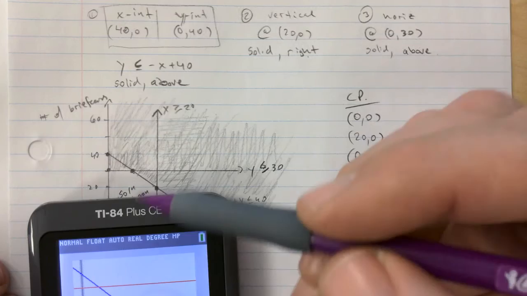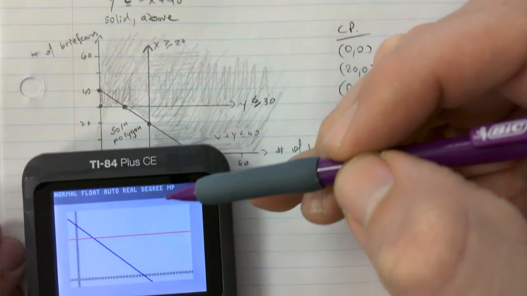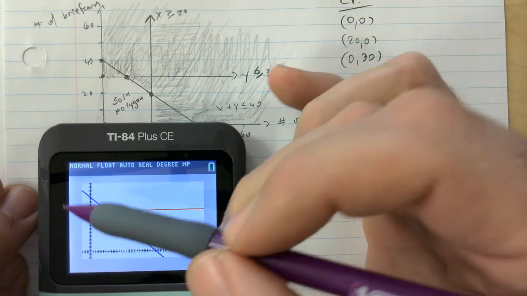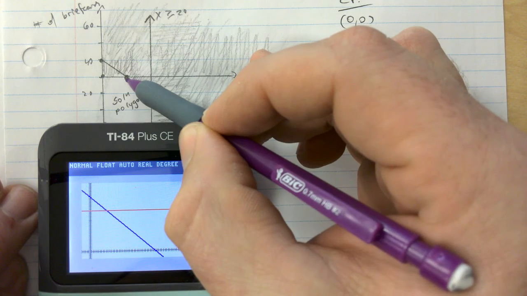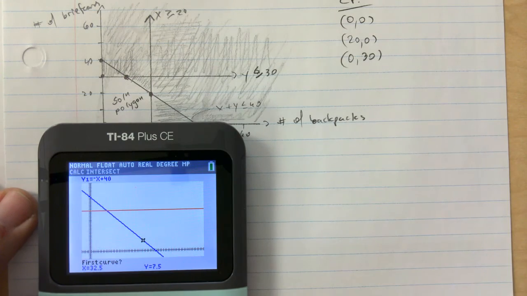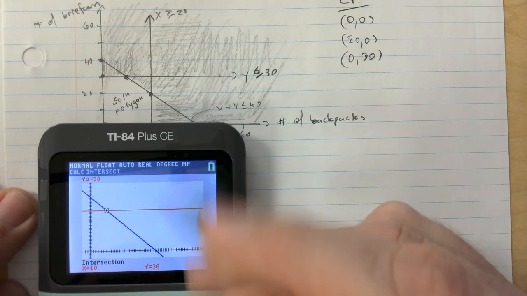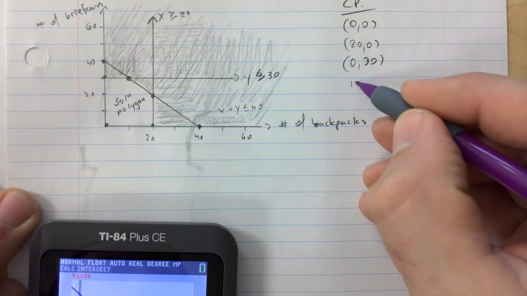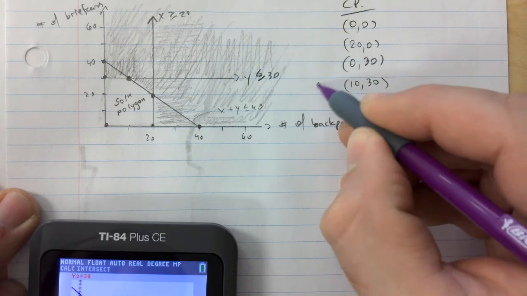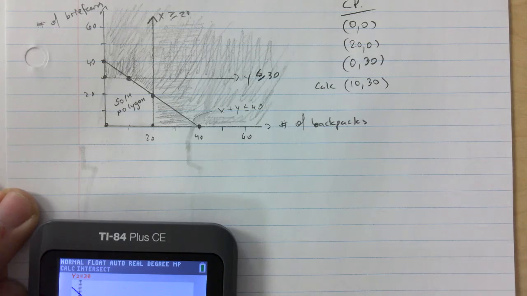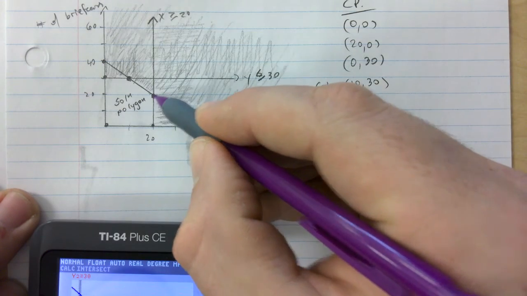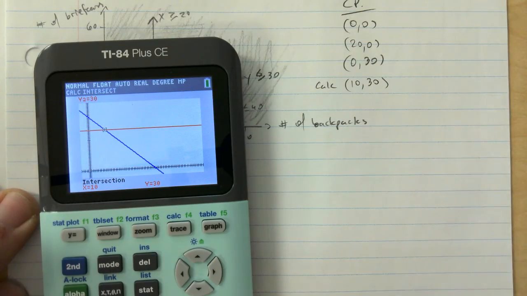So this, let me scroll up a bit here. So this is that one right there. So we can find that intersection, 10, 30. And we use the calculator for that, just making a note there. And then this one here, how would we do that one?